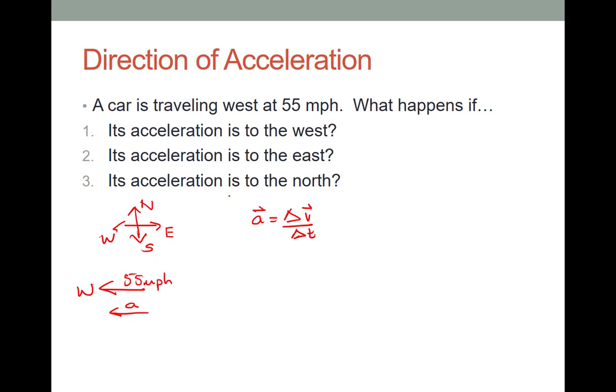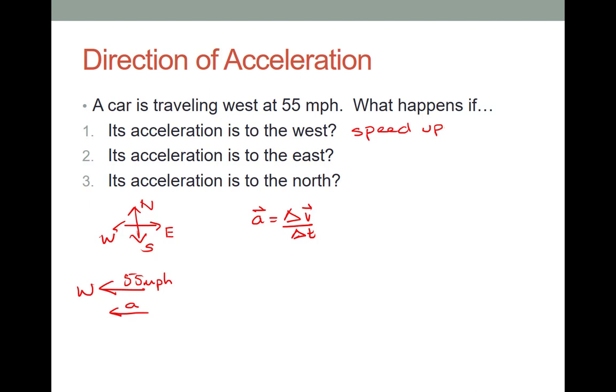That means that the sign of the acceleration and the sign of my initial velocity have to be the same because they're both pointing to the west. If you think about what that means, in order to get them to have the same sign, the velocity will increase. The car will speed up. Okay?